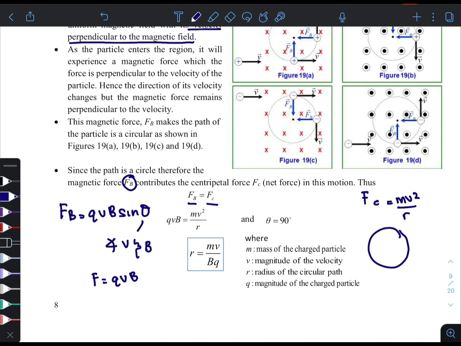Then you simplify your equation, and you can get the radius of the circular path the object is making. The charge that we have will form a circle, and this circle will have a radius. The radius of this circle is mv, that is the mass of the charge multiplied by the velocity of the charge, divided by the magnetic field multiplied by the magnitude of the charge.